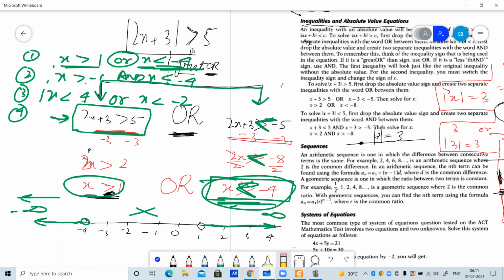So you are changing the sign, from 5 to -5, and you are changing the direction also, from greater than to less than, and you're keeping 'or' in between them. We'll do one example.